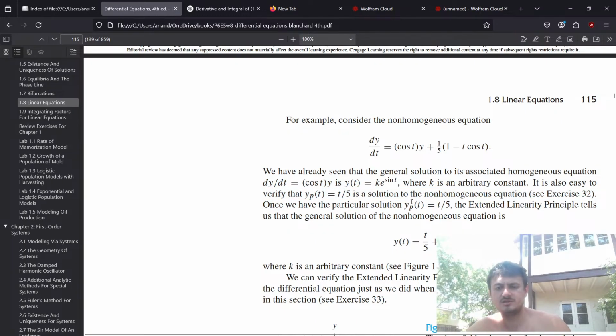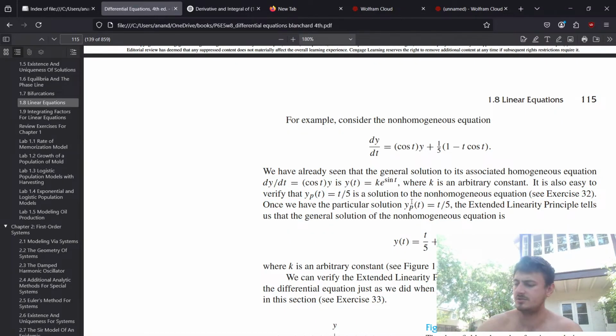Once we have a particular solution, the extended linearity principle tells us the general solution. So yH(t), what is it? It's k e to the sine t.